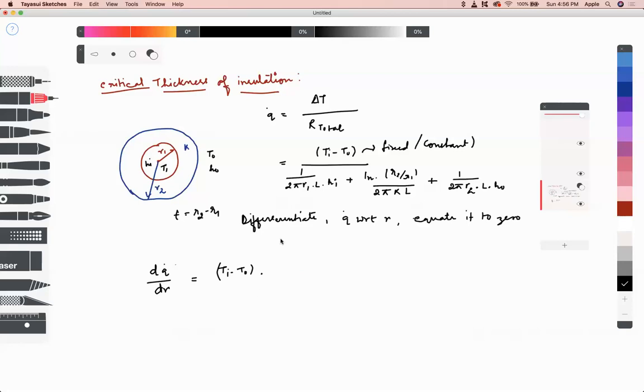This will be u into dv by dr, so u is 1, and then the differentiation of this. See, here everything is constant, so this will be 0.